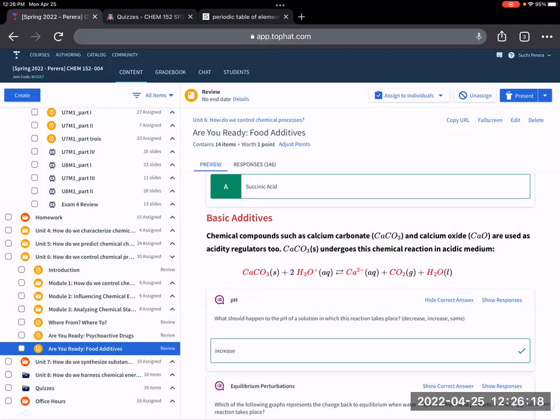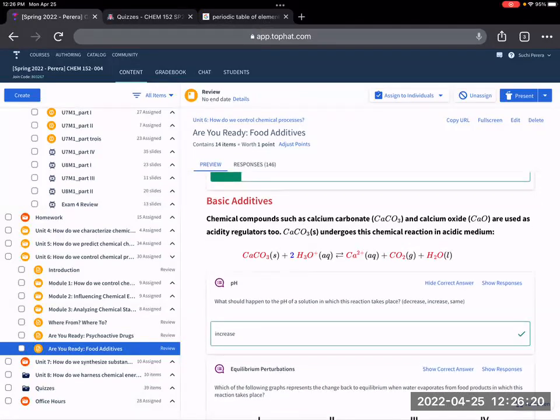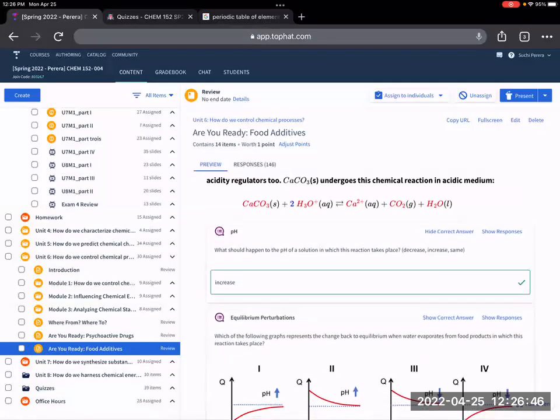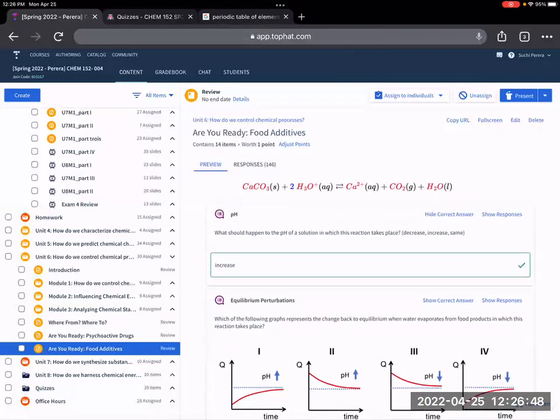But you can see that we have more aqueous species on the reactant side. H3O+ has a coefficient of 2 in front of it. But on the product side, the only aqueous species is calcium 2+. That's just one of them. So therefore I would say the reactants are going to be affected more, meaning the reactant concentration is going to increase more than the product concentration. If that is the case, the Q is going to become less than the K.